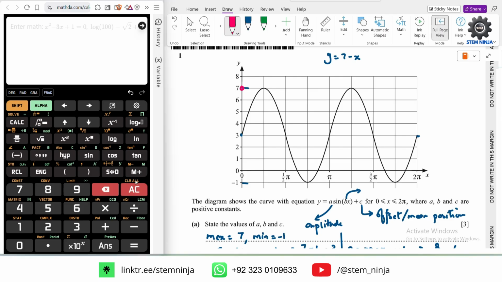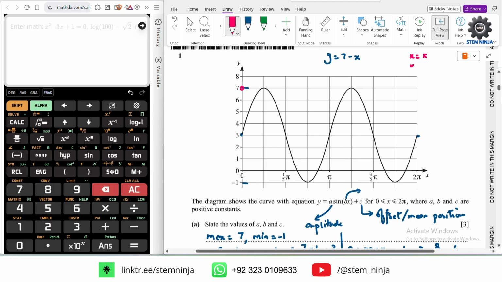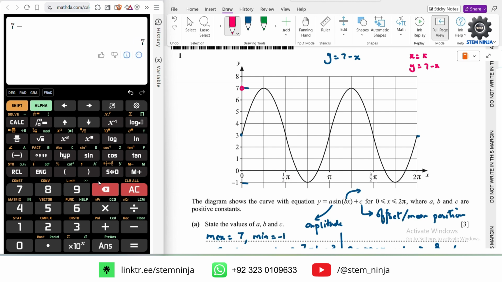Okay, wait. I think we can find a particular point over here. If x is equal to pi, y is 7 minus pi, which is 3.858, roughly around 4.